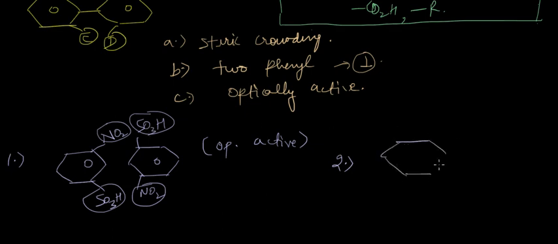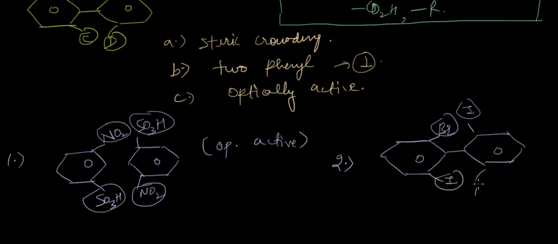We have another example like this, wherein we have Br and I here, and we have I and Br here as well. In this case this is also optically active. Okay, let's look into more such examples.